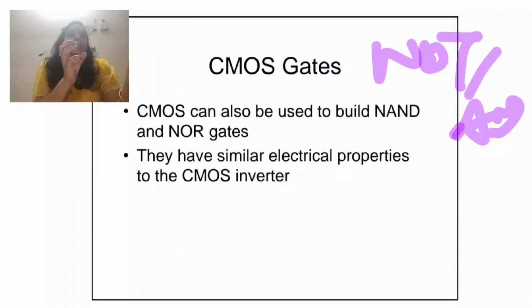In these digital circuits, mostly we are going to see AND or NOT gates. They have electrical properties similar to the CMOS inverter, because this semiconductor acts like an inverter. So what is the use of an inverter?